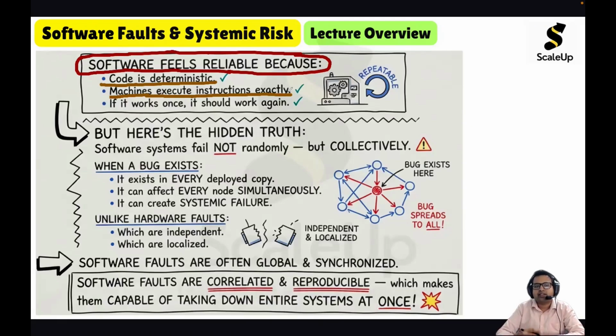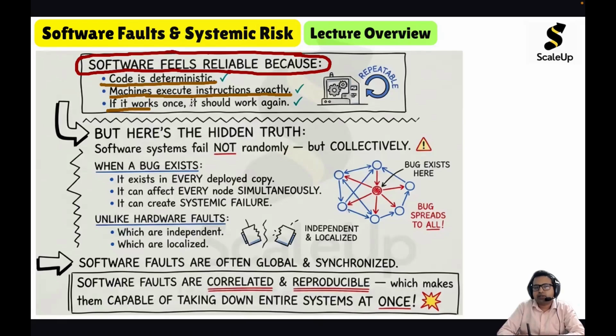It is not like sometimes the instruction execution will happen in a different way. So software feels very reliable because we see no randomness or non-deterministic behavior in software systems.